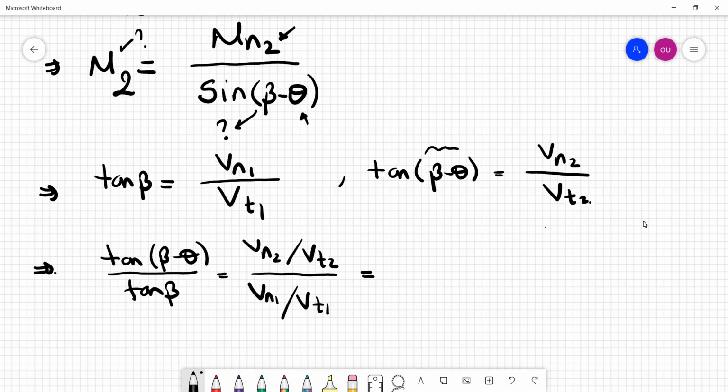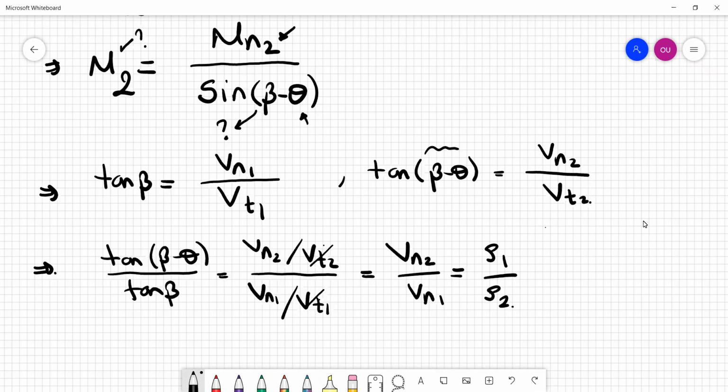And of course, tangential velocities are equal, so they cancel out. This becomes equal to Vn2 over Vn1. And from the continuity equation, this becomes equal to rho1 over rho2. Okay, rho1 over rho2 from the conservation of mass equation.